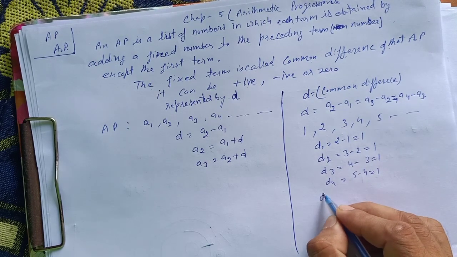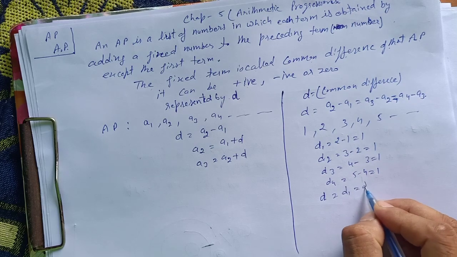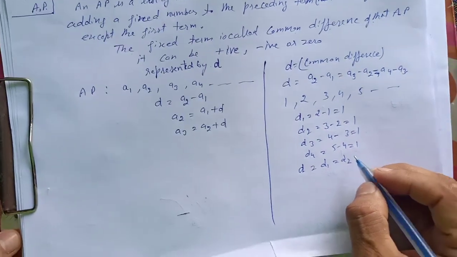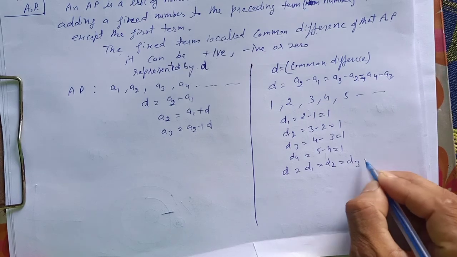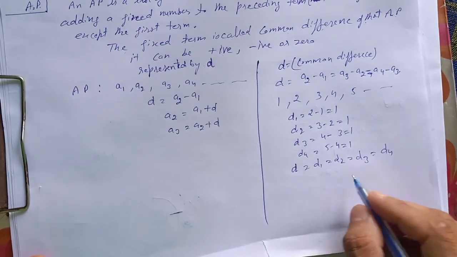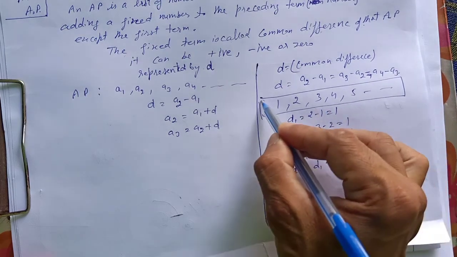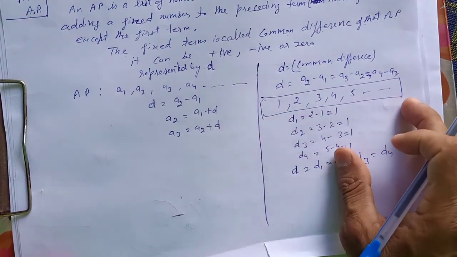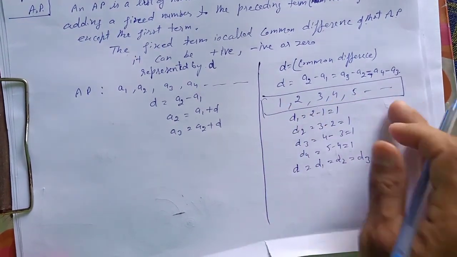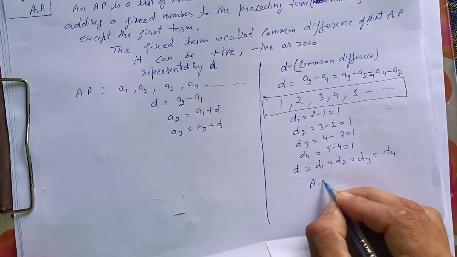It means D1 is equal to D2 is equal to D3 is equal to D4. So this series of given numbers is called an AP.